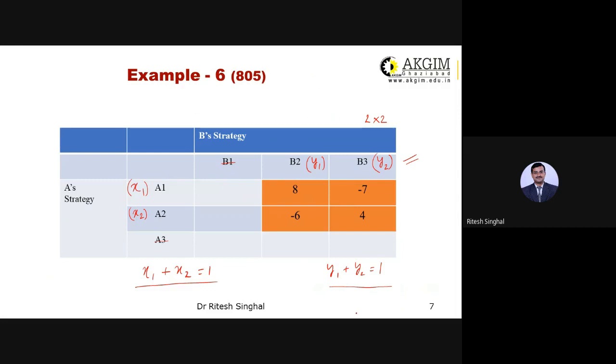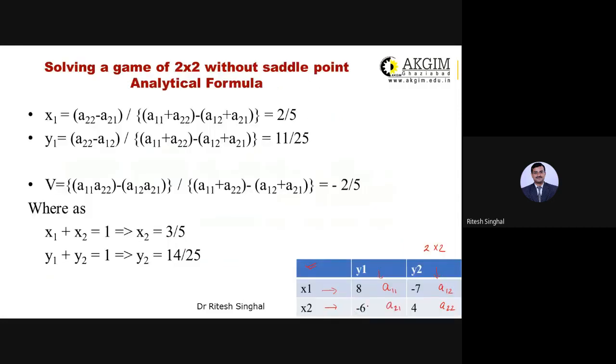Now we need to calculate the values of x1, x2, y1, y2, and v, that is the value of the game, using this particular formula, which is called the analytical formula. So calculate x1 using a22 minus a21. Every value of a12, a21 is given in this small 2 by 2 matrix.